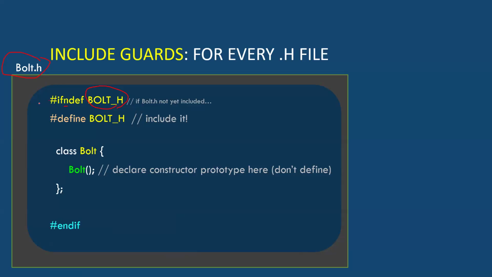Notice that the endif down here goes with the if not defined, okay? So what we're essentially doing, and I'll explain why in a bit, is saying, hey robot, if this is the first time you've opened this .h file, go ahead and pull it into whatever you're building right now.